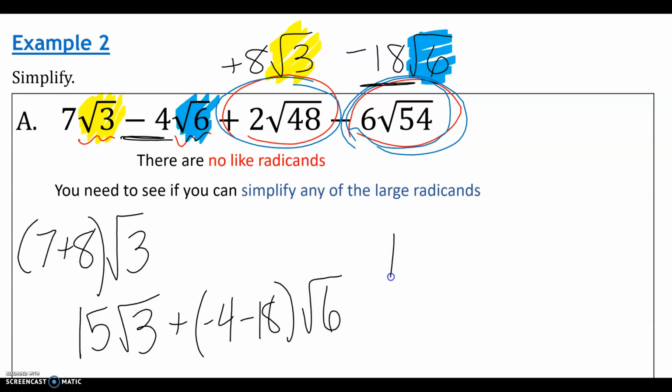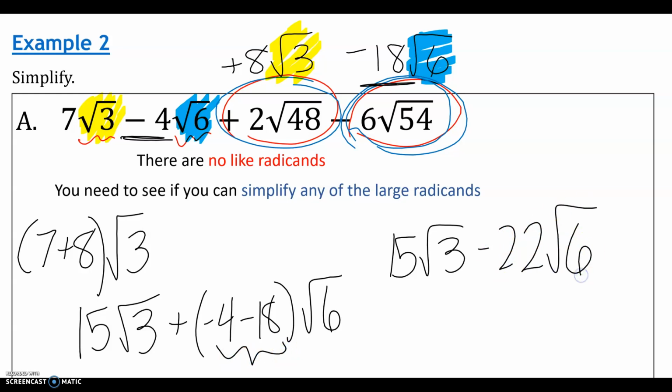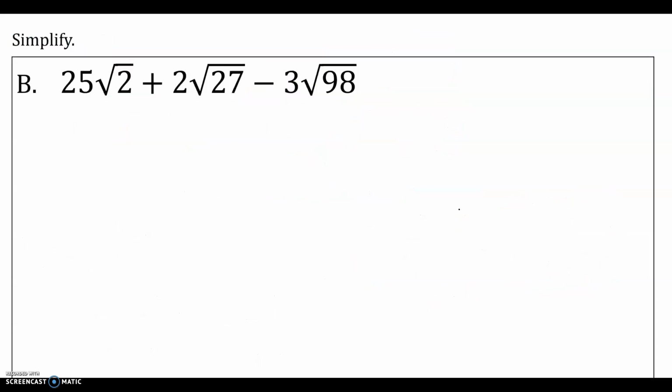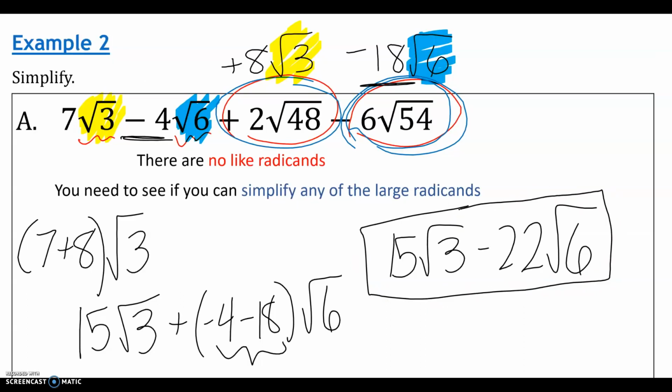So let's clean this up. We have 15 radical 3, which was from before. This is going to give us negative 22 radical 6. And again, of course, you can switch order if you would like.